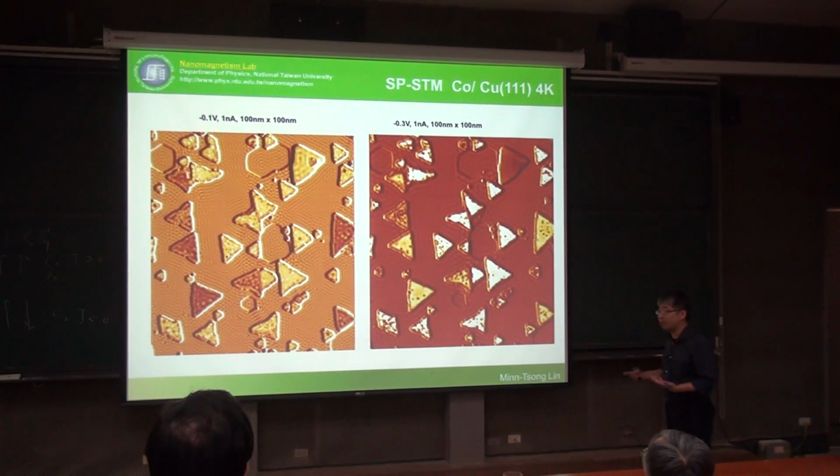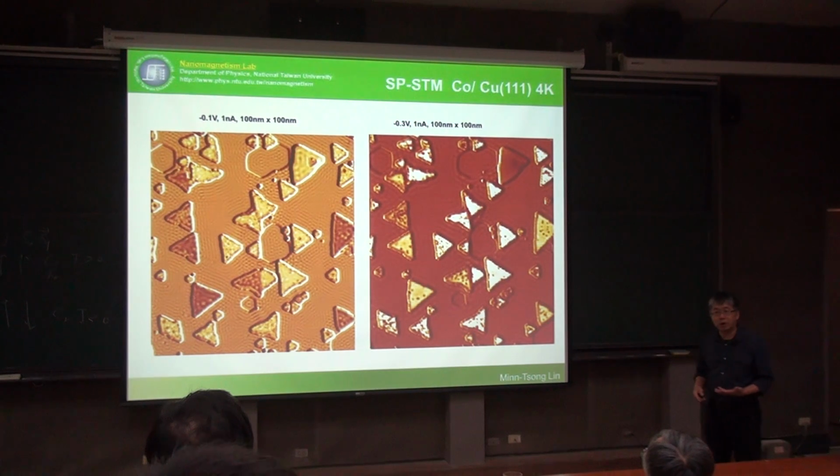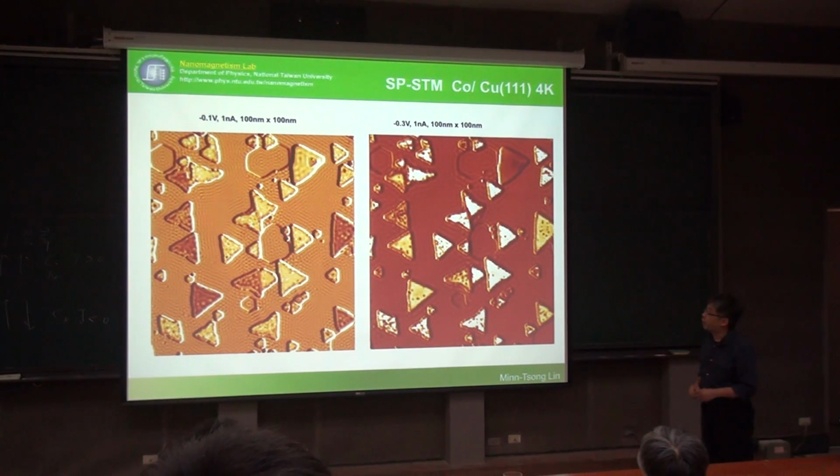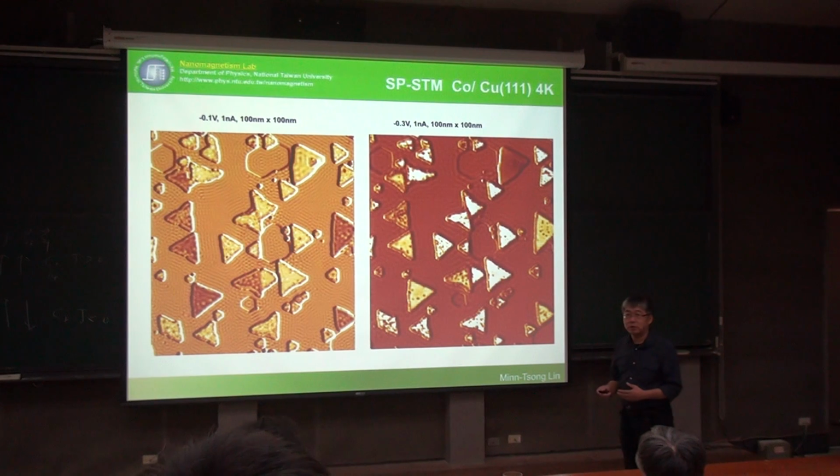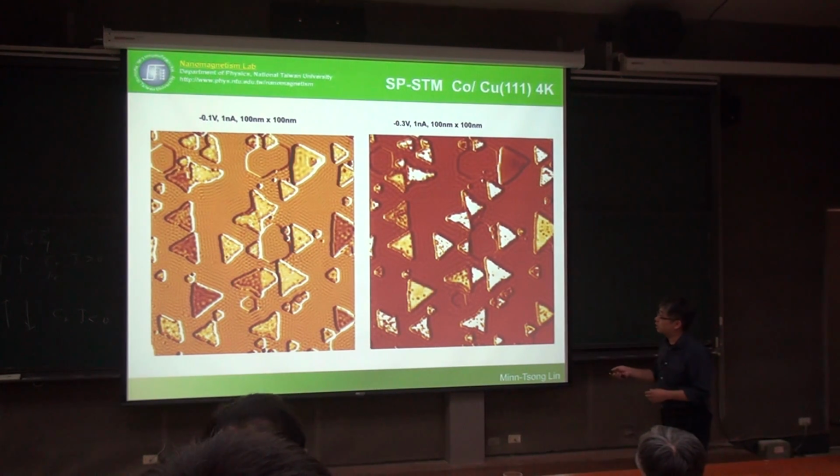This technique was actually founded about 15 years ago in the Wiesbaden and Hamburg schools. They have very good spin polarized STM. The contrast here is very sensitive. You can see the spin up and spin down contrast, and you can even see the interference.